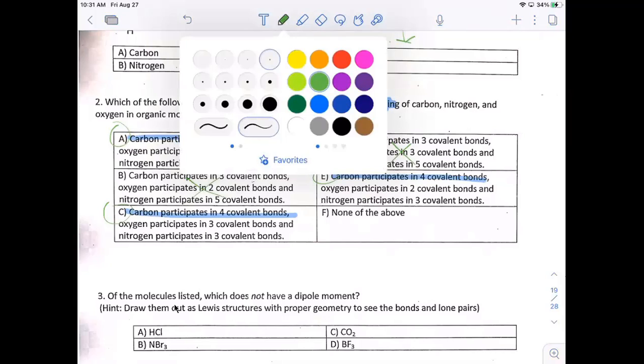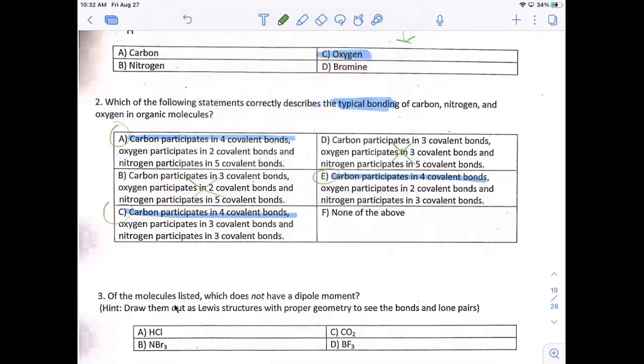Yes. All right. Now let's look at the next statement. Let's look at A. It says carbon participates in 4, oxygen participates in 2, and nitrogen participates in 5. Which one of those is false?